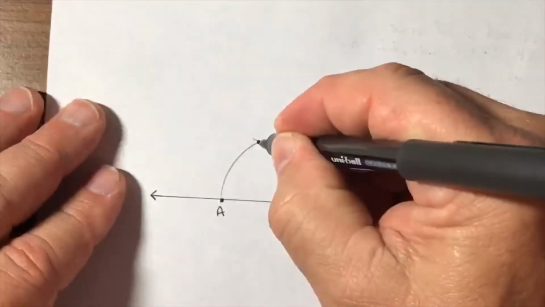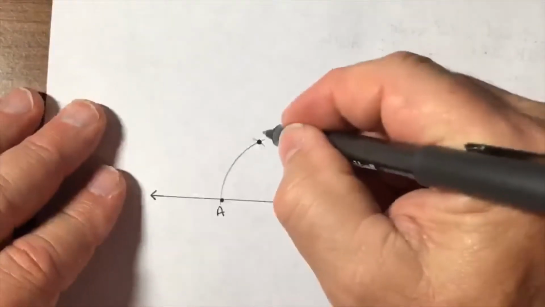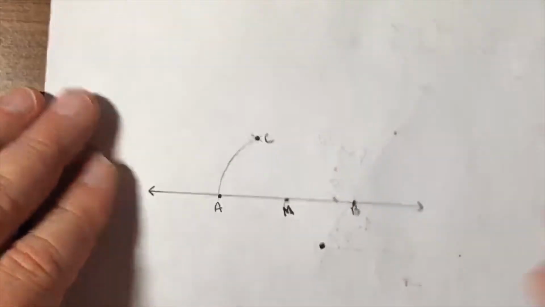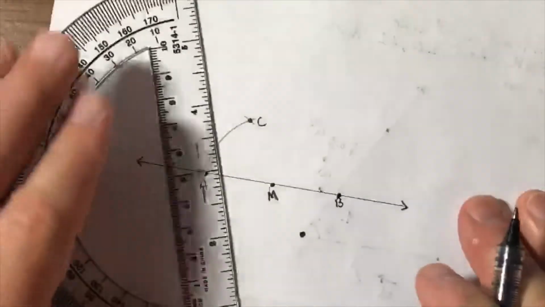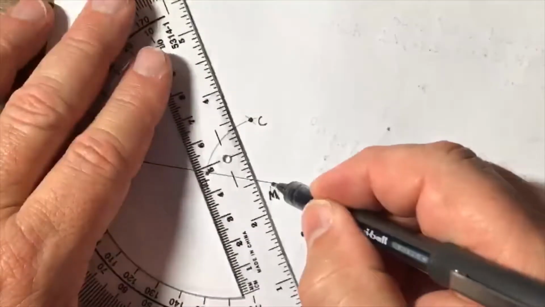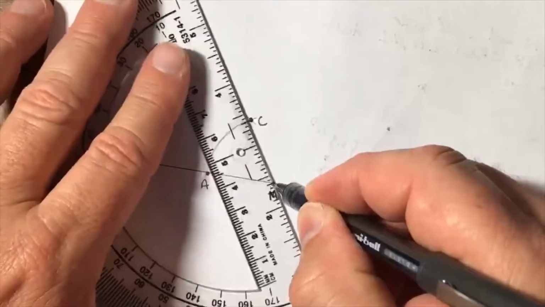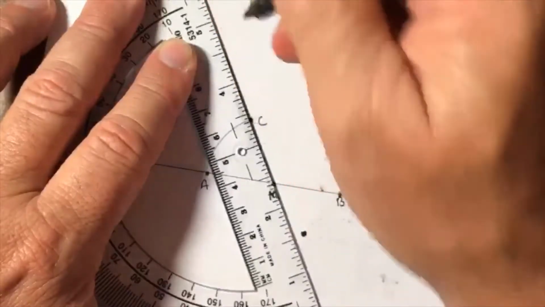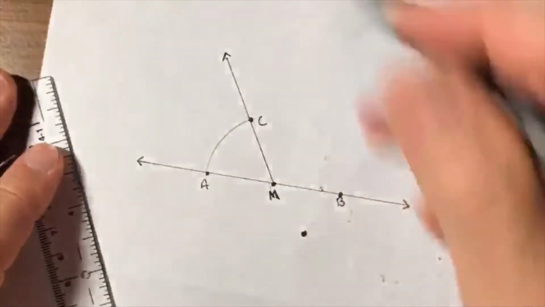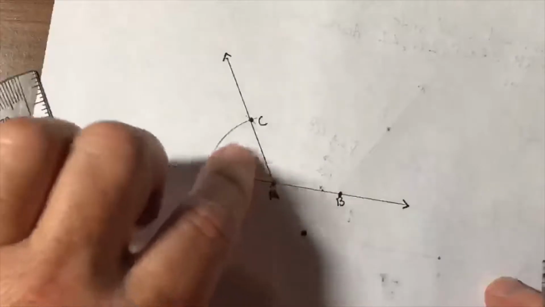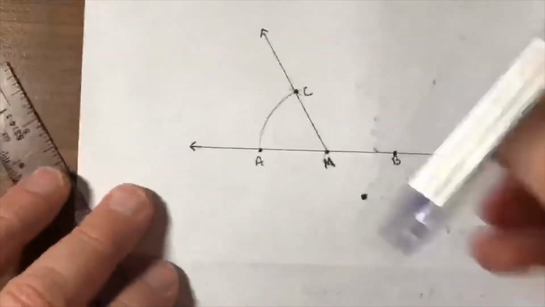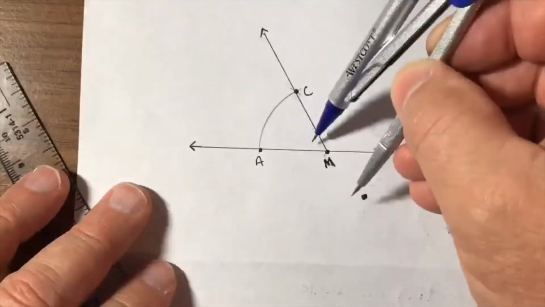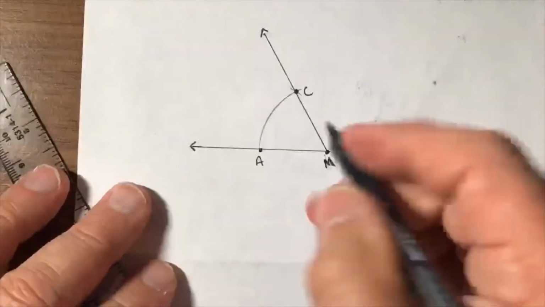We're going to label this C. Get your protractor, line up, place your pencil at M, push up against it, straighten that to C, and draw in your ray MC like so. We know this is a 60-degree angle. Every time you do that with these markings, it will always produce a 60. So this is 60 degrees.